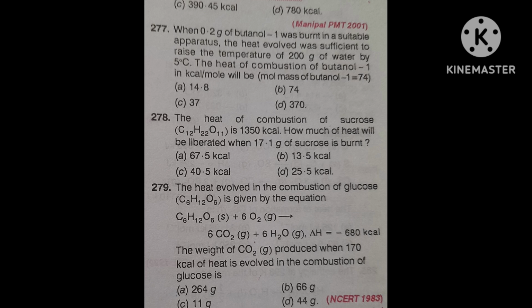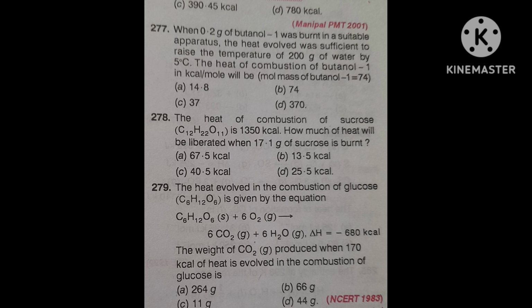The heat of combustion of butanol-1 in kilocalorie per mole will be? Molecular mass of butanol-1 is equal to 74. And 4 options are given. Select the correct answer. First option is 14.8, second 74, third 37, fourth 370.